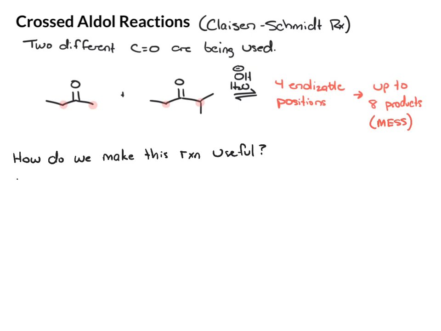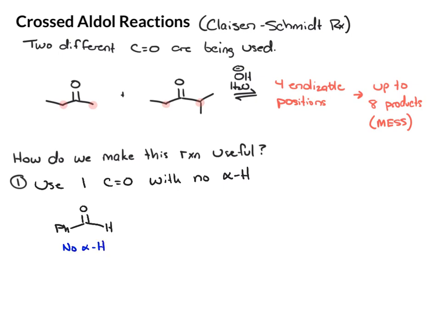First is, what if we use one carbonyl that doesn't have any alpha hydrogens? So what that means, let's say you have benzaldehyde. This has no alpha hydrogens, which means it's the de facto electrophile.